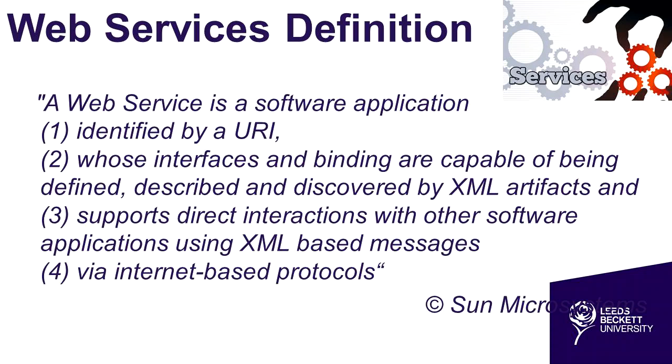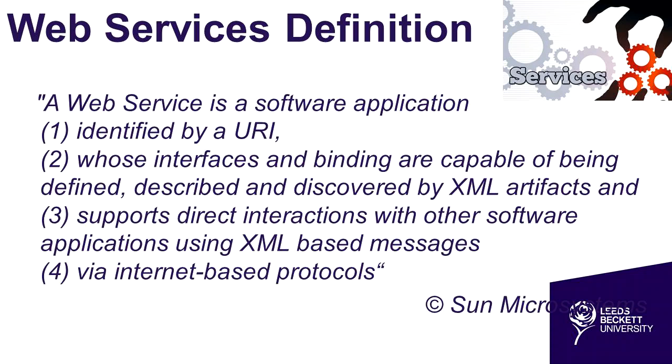You know what XML is. In the coming slides, we will see how this is done, going into a bit more detail on how XML plays a part. And all interactions with other software are done using XML-based messaging via internet-based protocols.